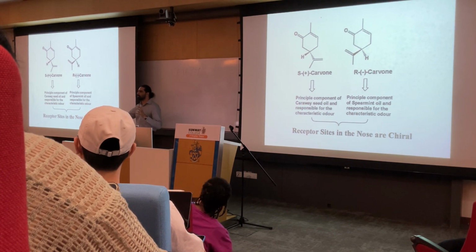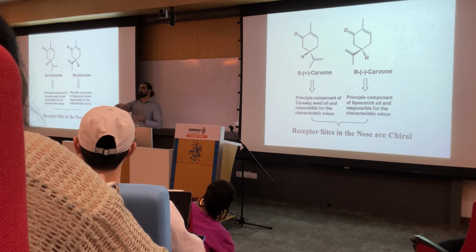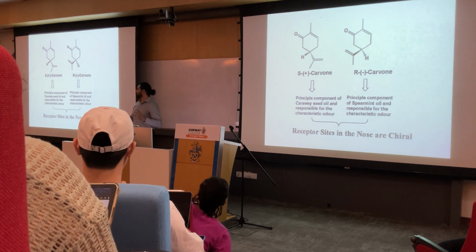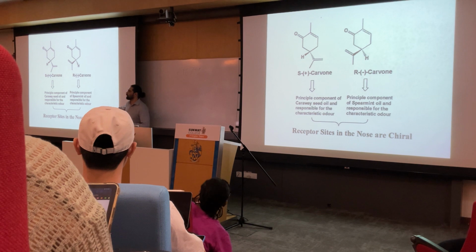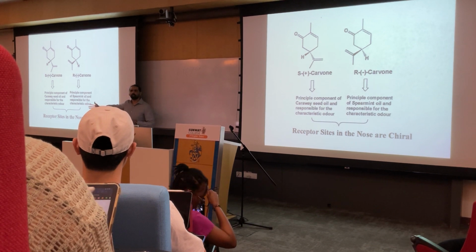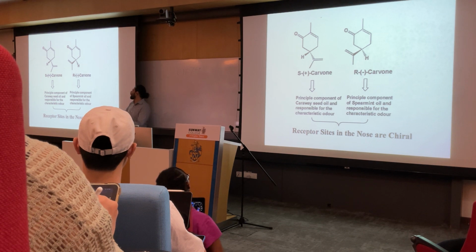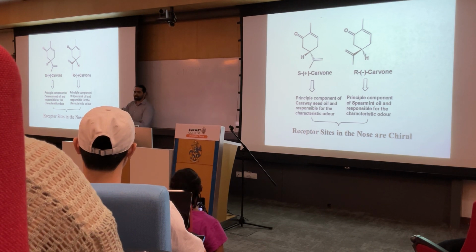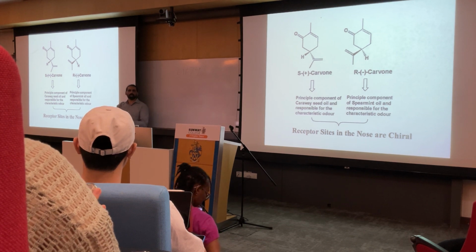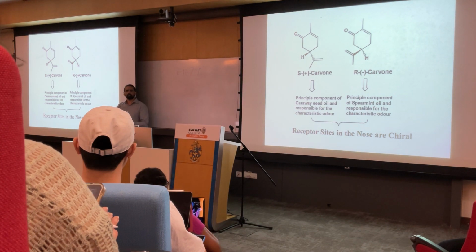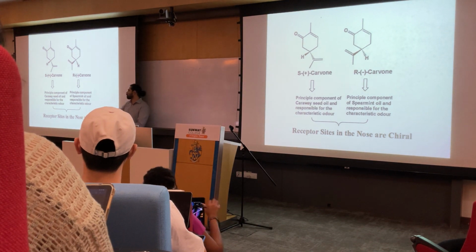So when a chiral molecule comes into the neighborhood of a chiral environment, we need the exact lock and key model. We need the exact enantiomer or exact diastereomer which will be responsible for attaching to that particular receptor.